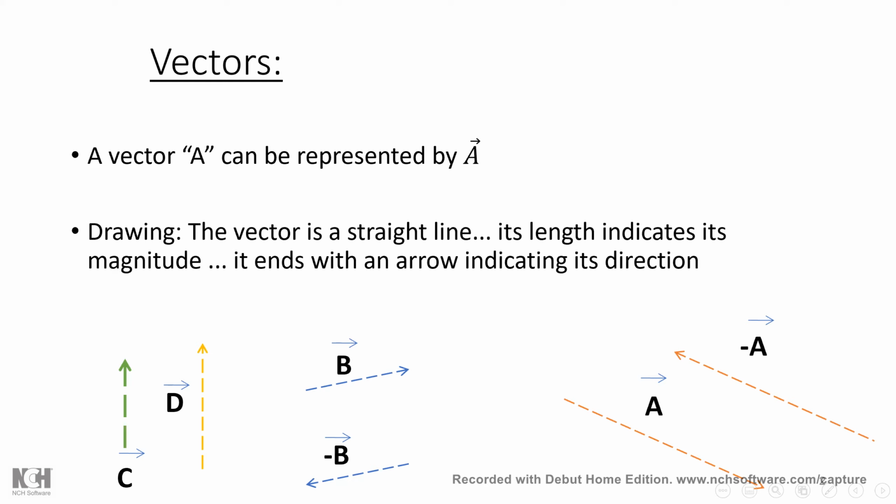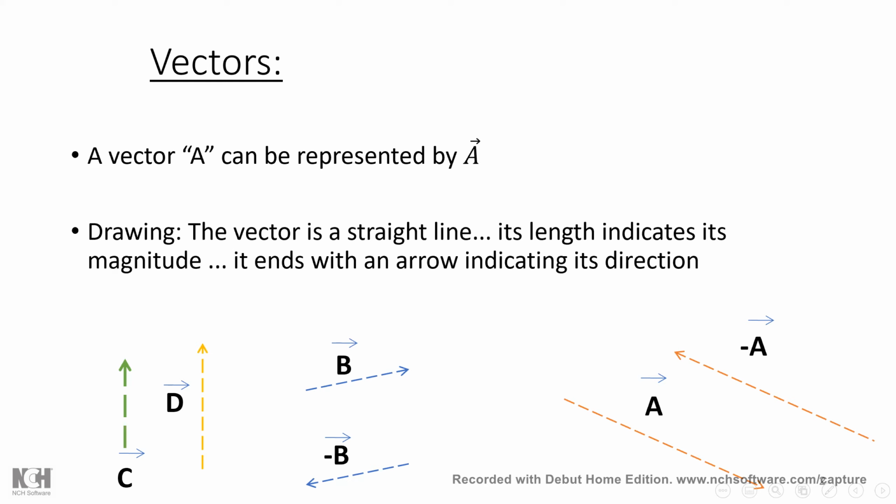Look at the vector A, its magnitude is more than the vector B. Also, the direction of the vector A is different than the direction of vector B. The negative of a vector is just the opposite of the vector, reflecting its direction.